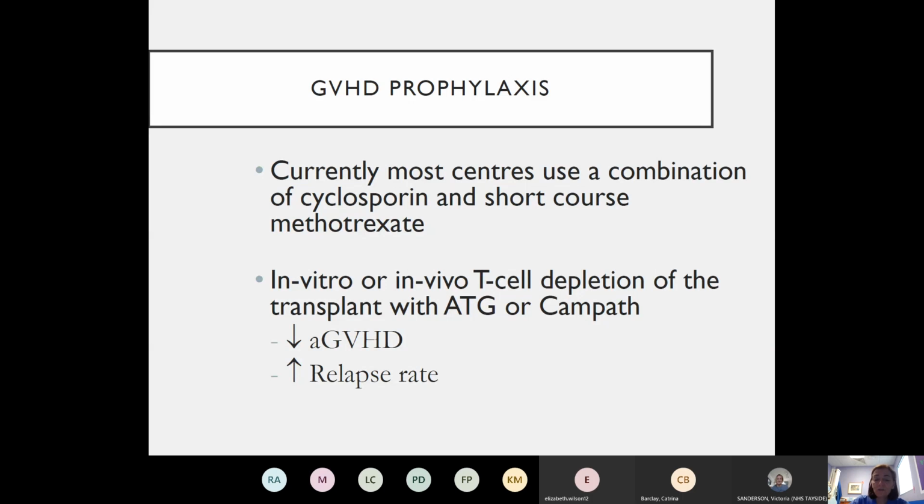And if you do that, you will reduce the GVHD incidence for the patient, but you'll increase the relapse rate for malignant disease. And you'll also potentially interfere with engraftment because it's known that you need T cells for engraftment. So that's not a manoeuvre that's commonly used.